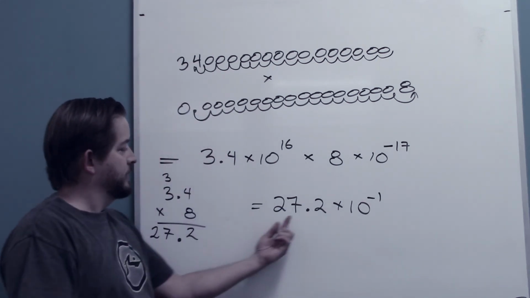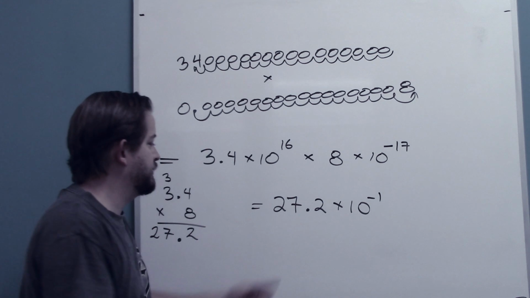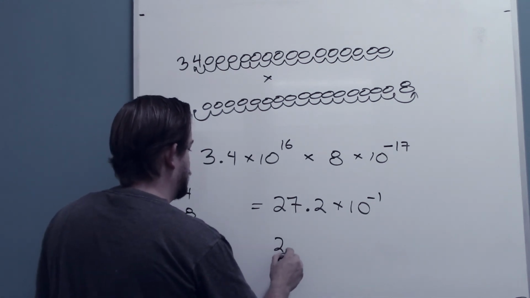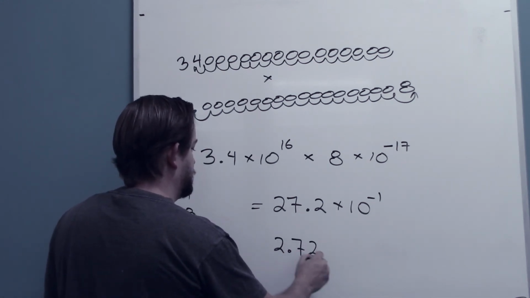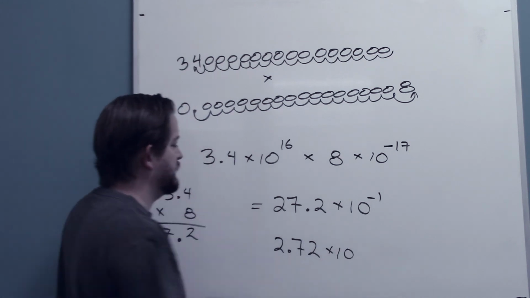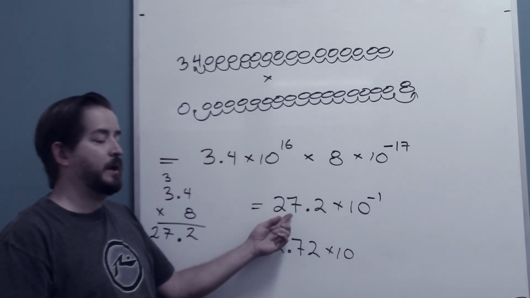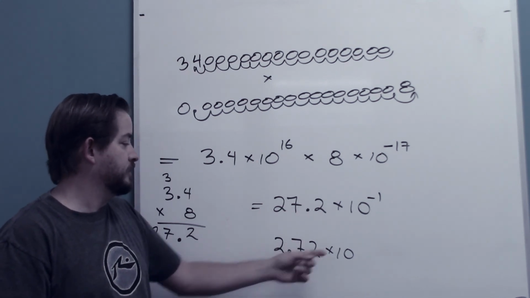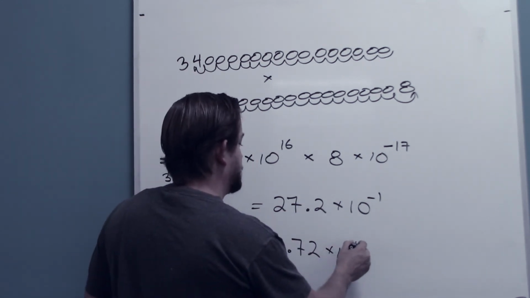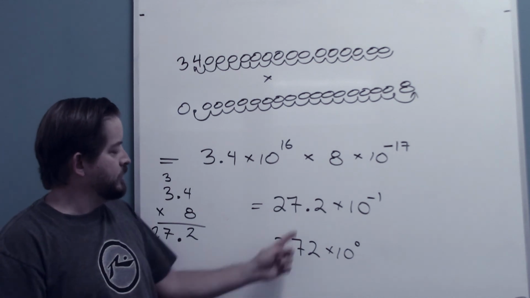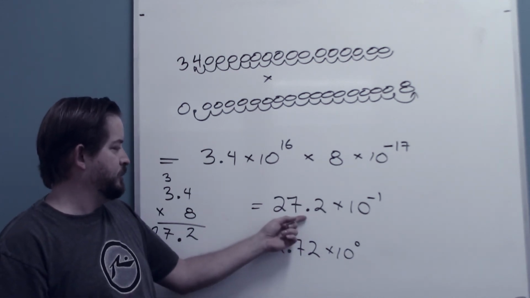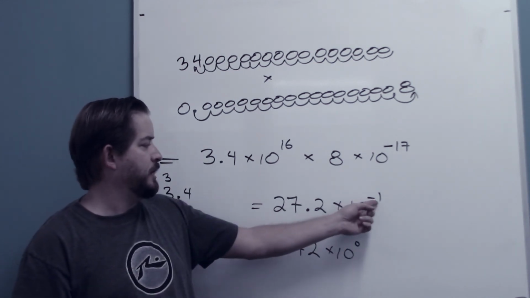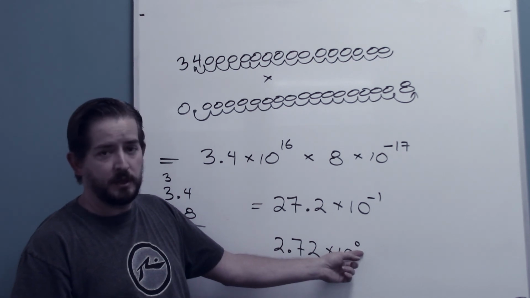And if I want to change this into scientific notation, I have to go back, and so that's 2.72 times 10 to the, and again I had to increase my power of 10 by 1 because I moved it to the left, and so this becomes 10 to the 0. You can think of this as this 27.2 became smaller, so the power has to compensate by becoming bigger.